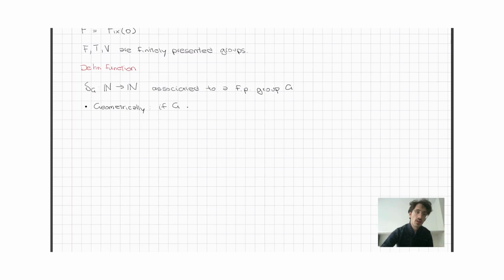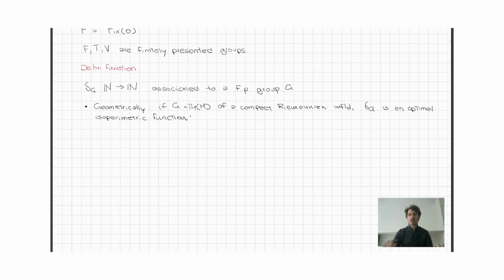If G is the fundamental group of a compact Riemannian manifold, then delta G is an optimal isoperimetric inequality, as a parametric function, meaning that it gives you an estimate of how big the area is: given a loop of length n, delta G of n is the maximal area of a minimal filling disk for that loop.